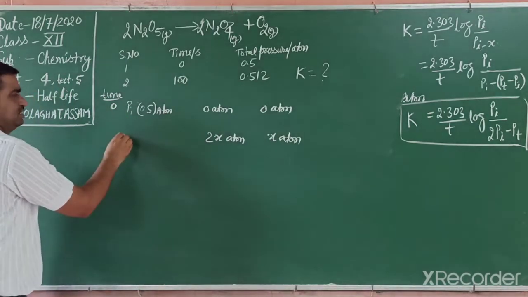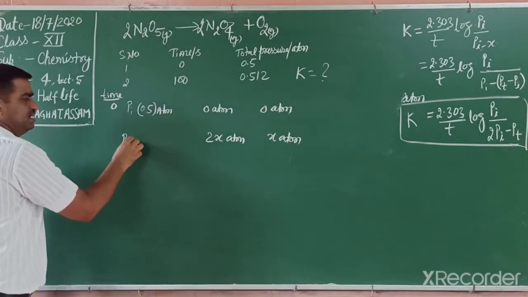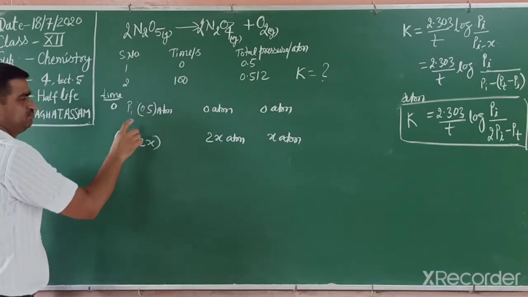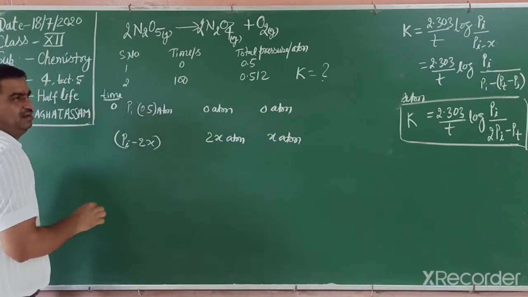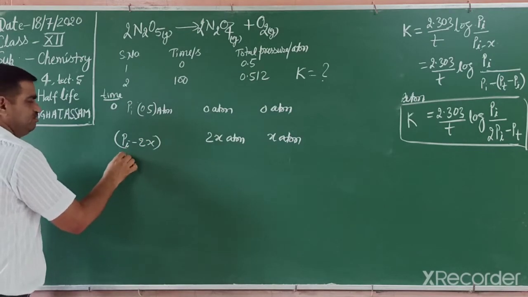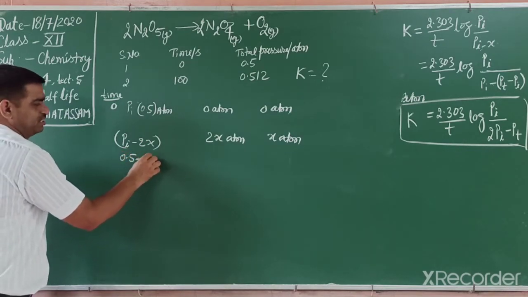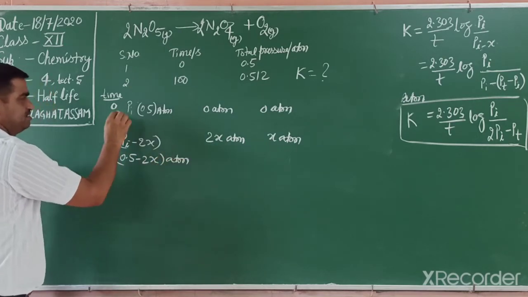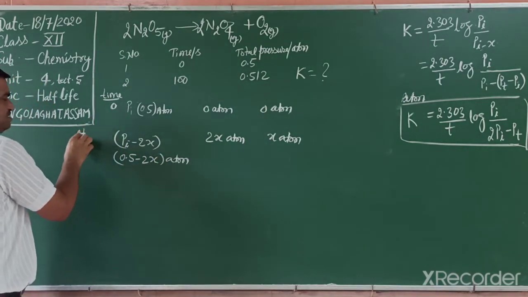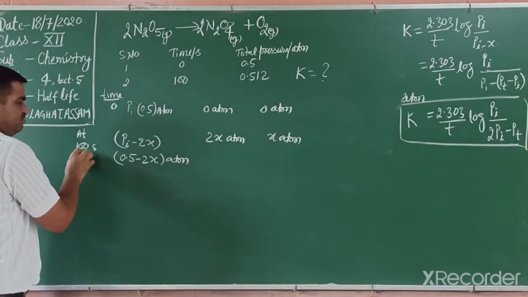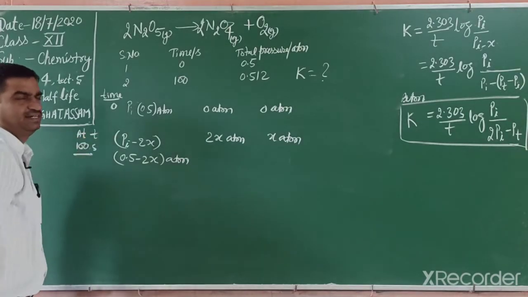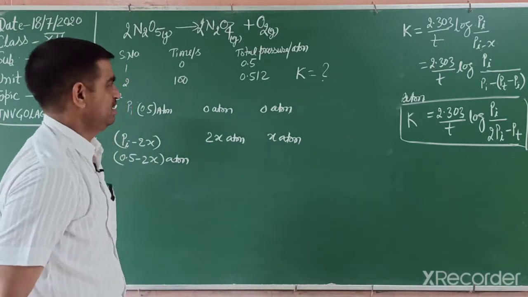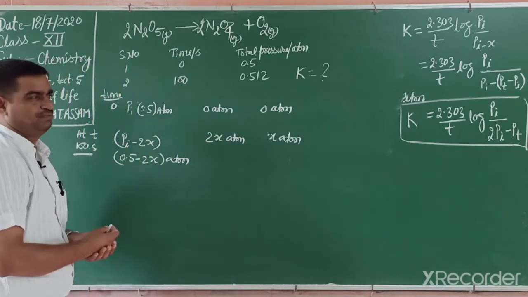So the remaining concentration is Pi minus 2x. What does Pi mean? The initial pressure, so 0.5 minus 2x, we can write this also. Similarly, at 100 seconds, when the time is 100 seconds, according to Dalton's law, how can we find the total pressure?